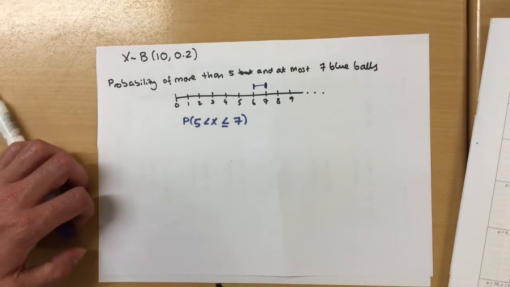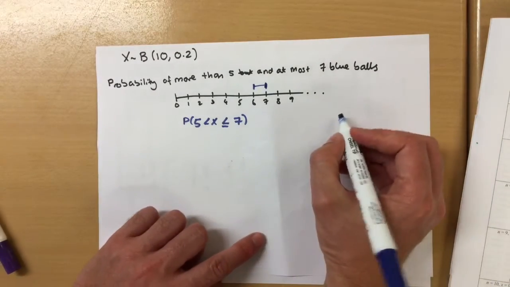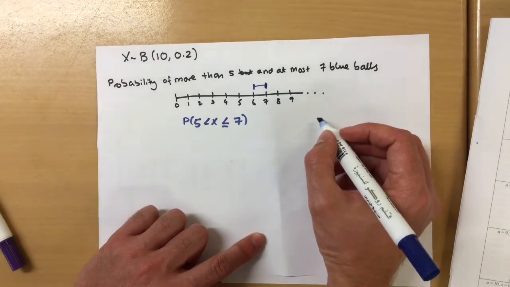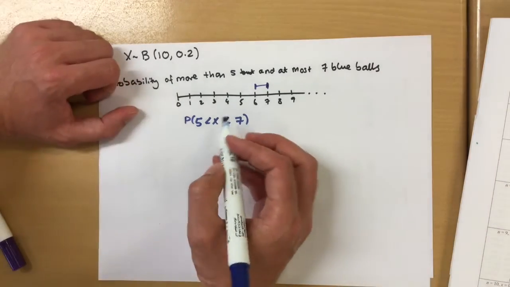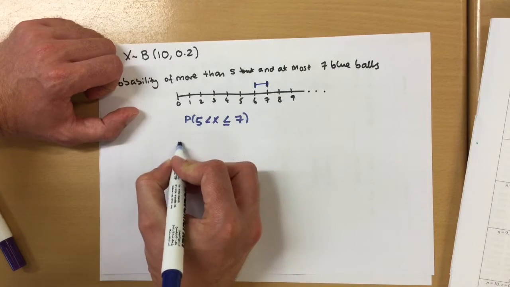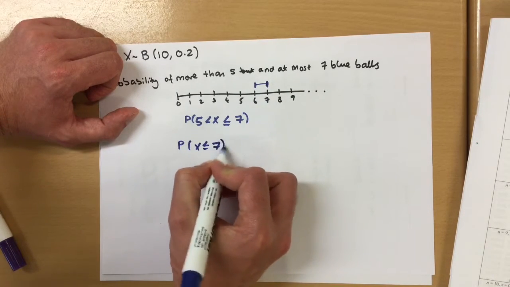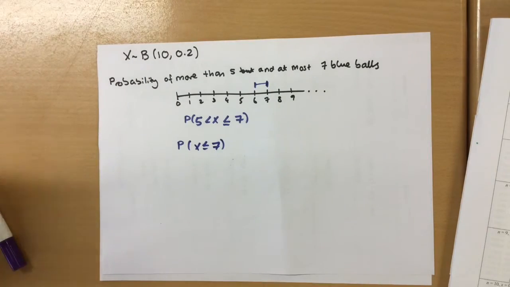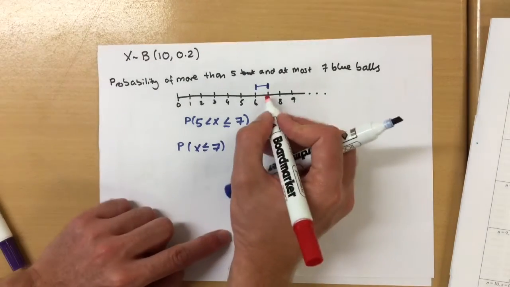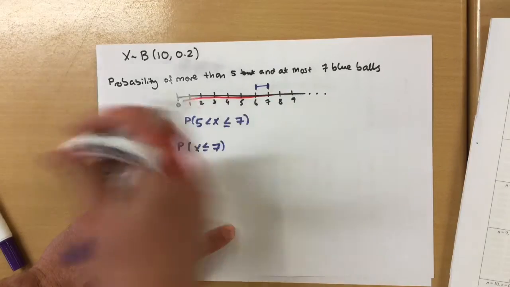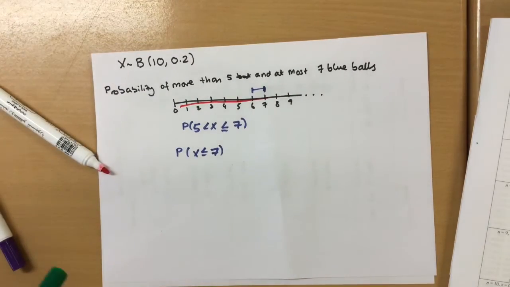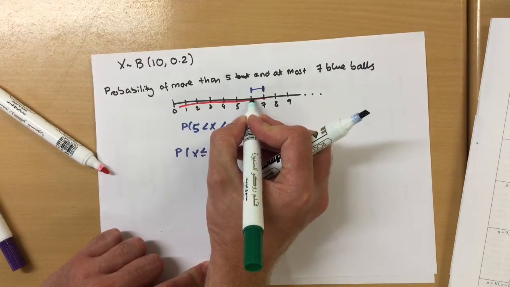Now you could do this by hand, using the actual formula, or using the table. So I'm going to need to find my biggest number, which is 7. So I'm going to look at x is less than or equal to 7. Again, that's going to be from 7 all the way down. We don't want 5 and anything below 5, but 6 is fine, we can have 6.